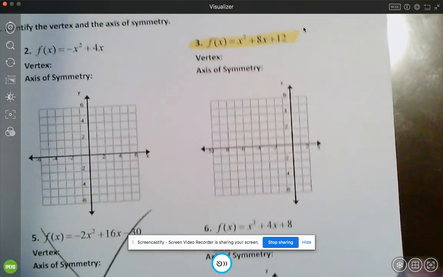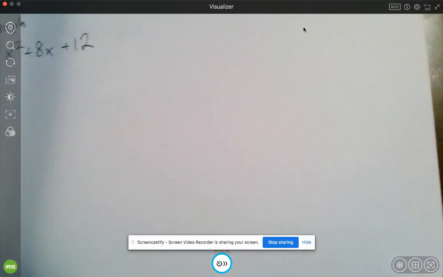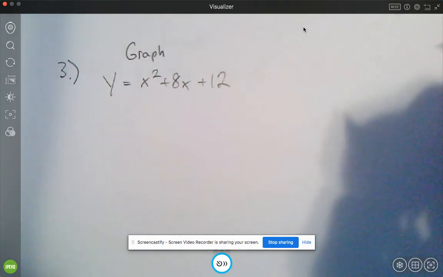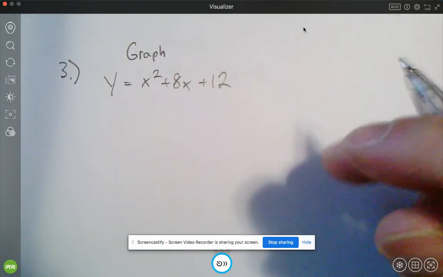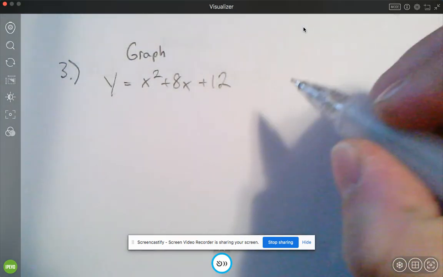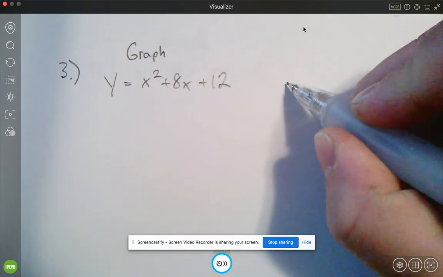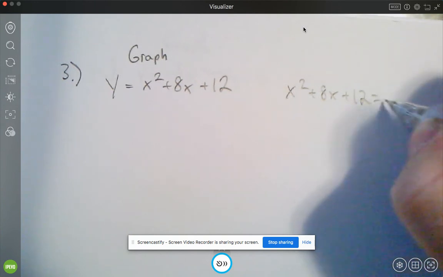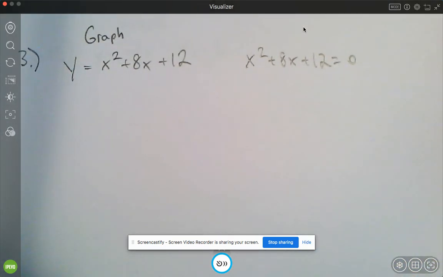Let's look at number 3, another example of graphing. We're going to graph x squared plus 8x plus 12. If this was a quadratic equation, I'm going to go off to the side here for a second just to prove a point. If we go back to chapter 9, we would write this as x squared plus 8x plus 12 equals 0, correct?